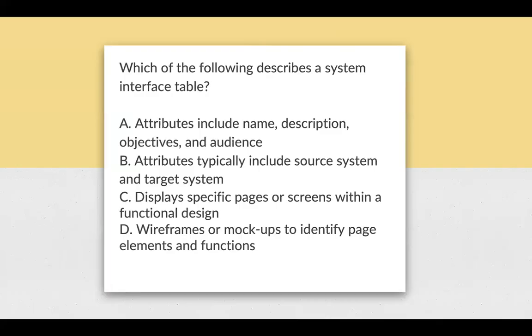D. Wireframes or mockups to identify page elements and functions. So the correct answer is attributes typically include source system and target system. A system interface table documents a connection between systems, showing where data originates and where it's sent.